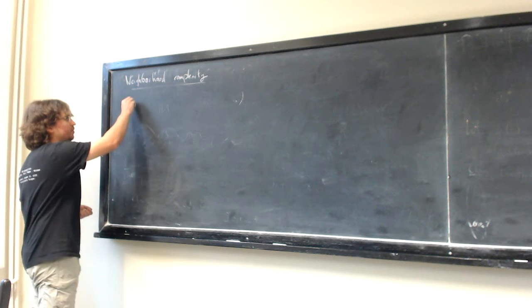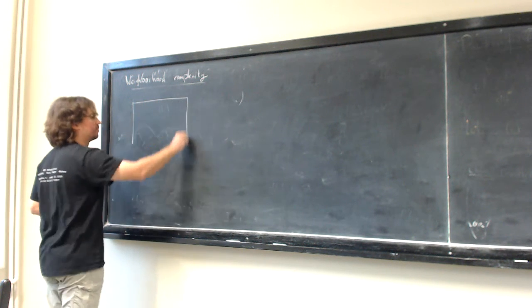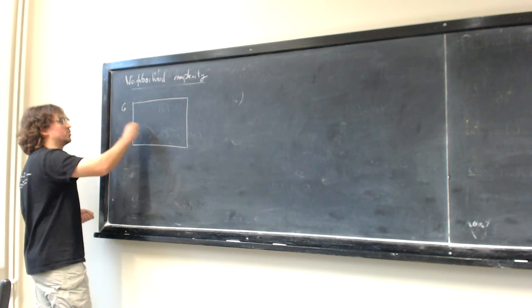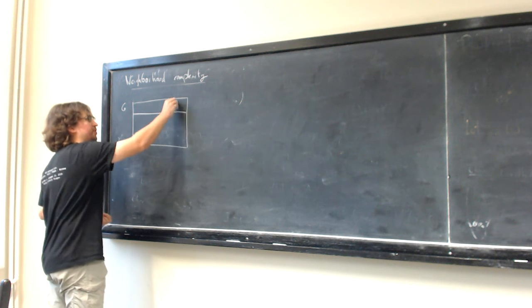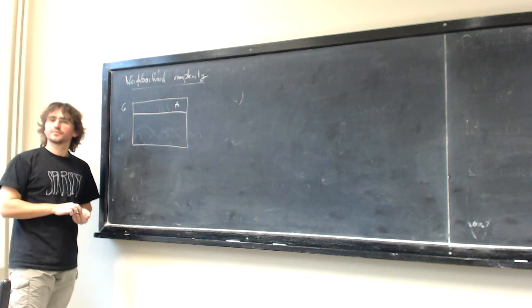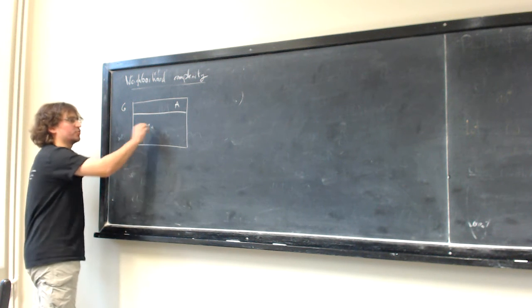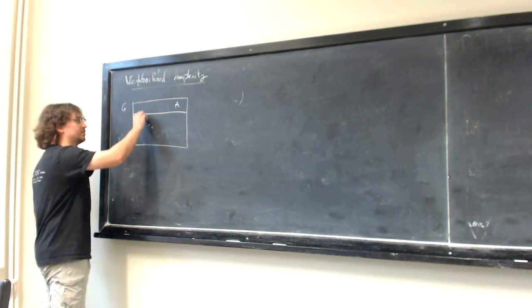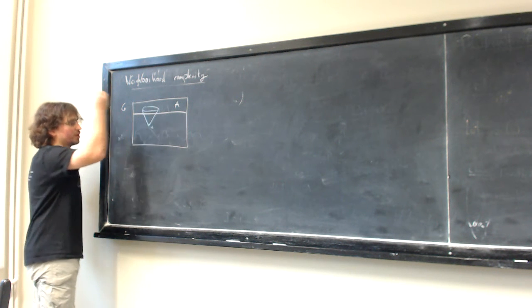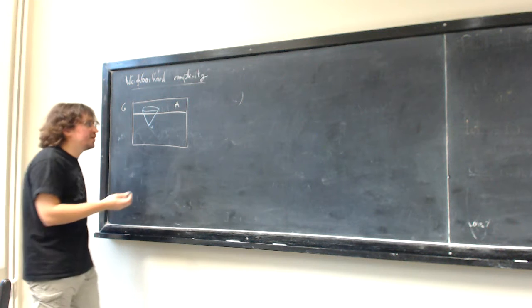Namely, suppose you've got a graph G and you've got some subset of vertices A. And for a vertex U in my graph, the neighborhood in A is just, well, what the neighborhood in A should be. Yeah?